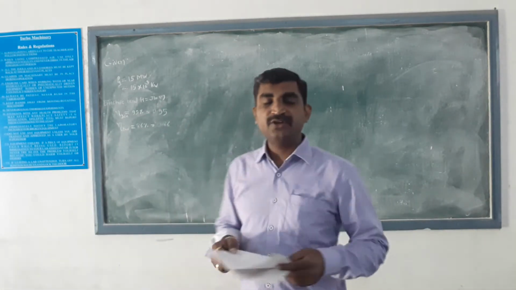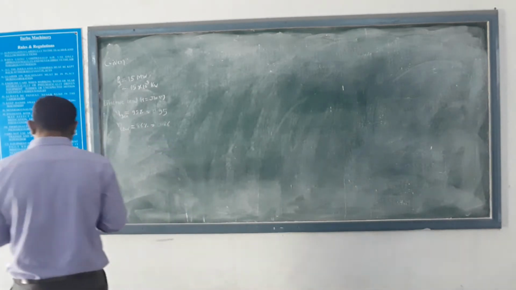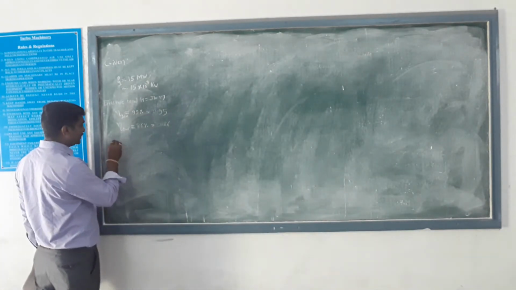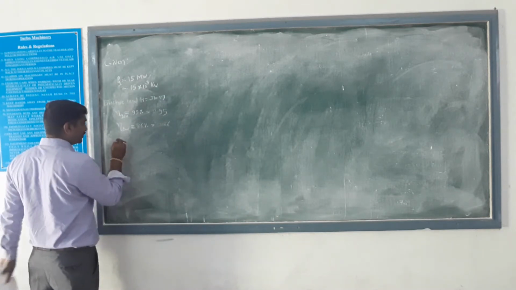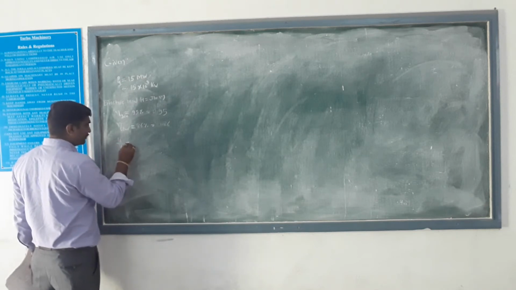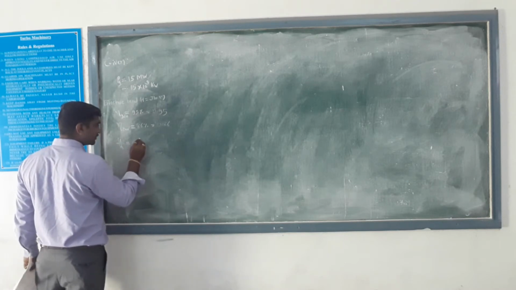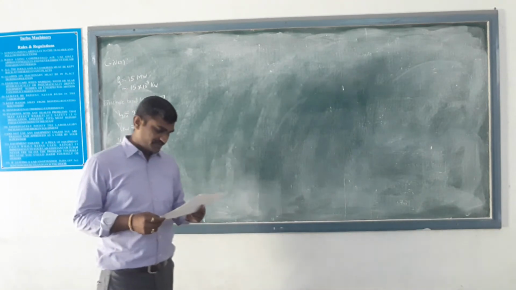Now the speed ratio is 0.46. Speed ratio means the ratio of blade velocity to jet velocity, u upon V1, equal to 0.46.